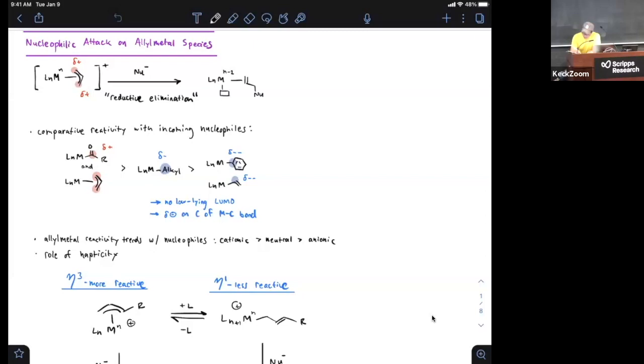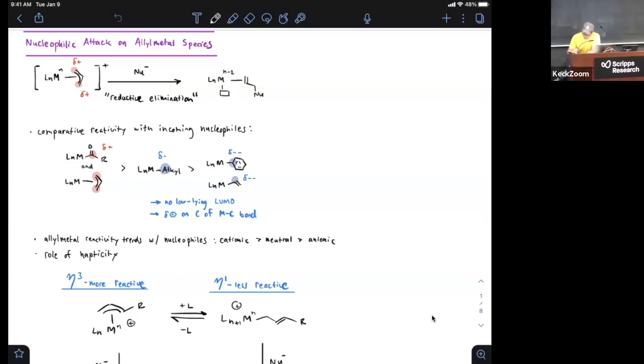So allyl metal species are susceptible to nucleophilic attack at the two termini. We've also discussed that it can attack an internal position as well, but I think most of the examples you'll see in the ensuing discussion with palladium, with iridium, will be terminal attack.